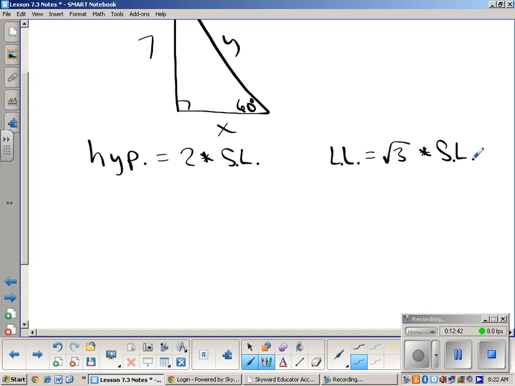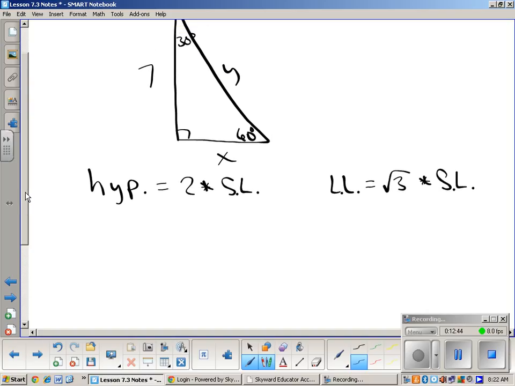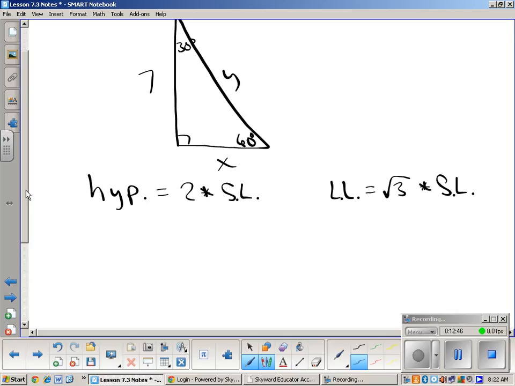Okay, good. Now, do I know the hypotenuse? Do I know the short leg? No. Sometimes the picture's poorly drawn and it's not to scale. So how do I know for sure that X really is a short leg and not just a badly drawn picture? Go ahead, Hunter. Because the angle that corresponds to it is smaller.